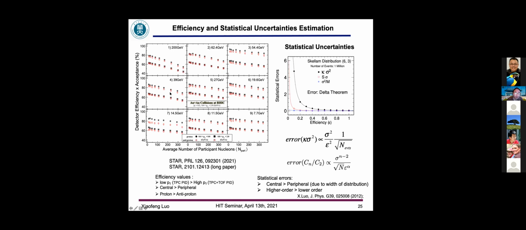And at higher pT, because you introduce time of flight to identify proton and antiproton, an additional TOF matching efficiency is introduced for higher pT proton and antiproton. That's why you get lower efficiency for higher pT than lower pT.